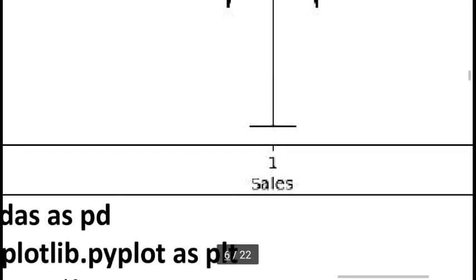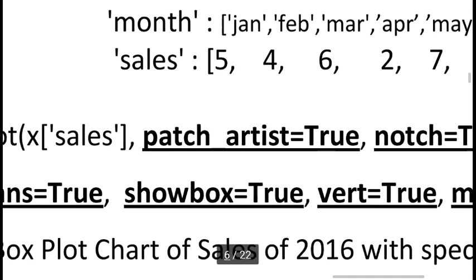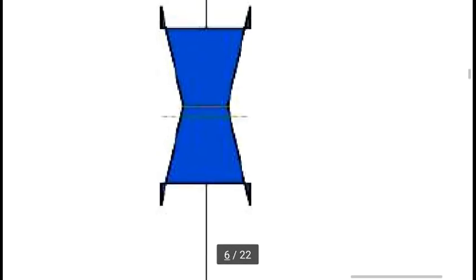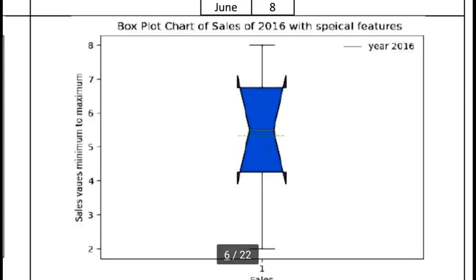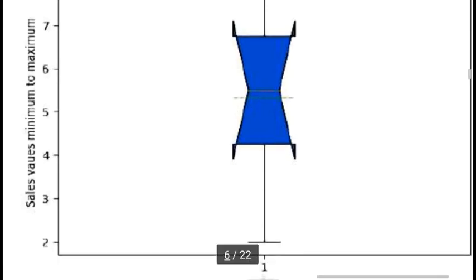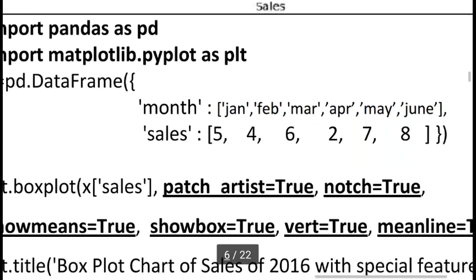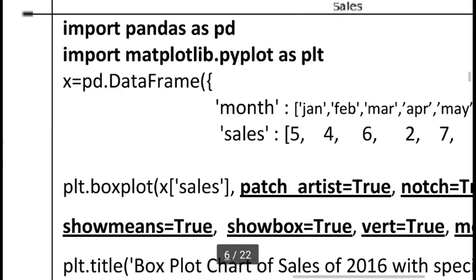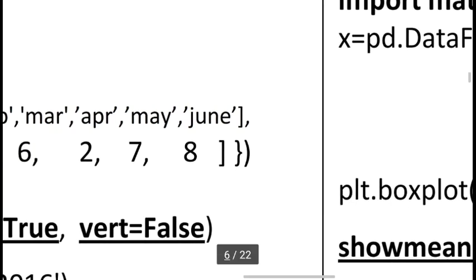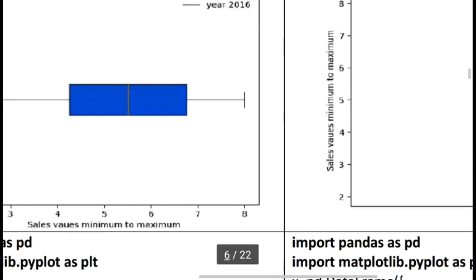Okay, so for this I am writing show box true, vert is equal to true, vertical is equal to true. So this time this box plot is in vertical form, not horizontal style. Last time I used vertical is equal to false, so the chart was in horizontal form.